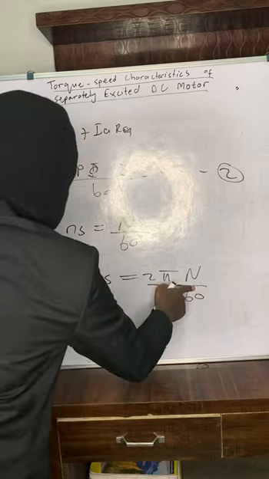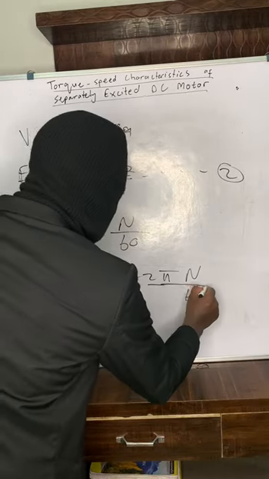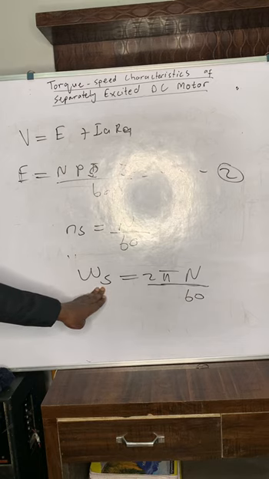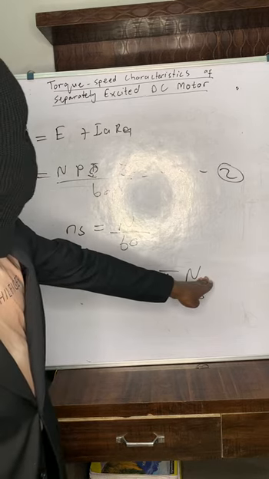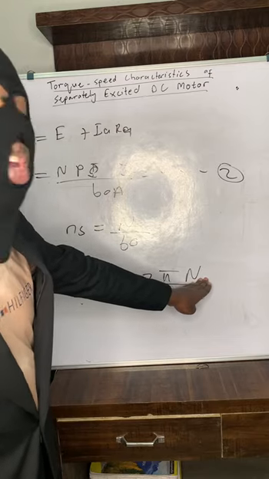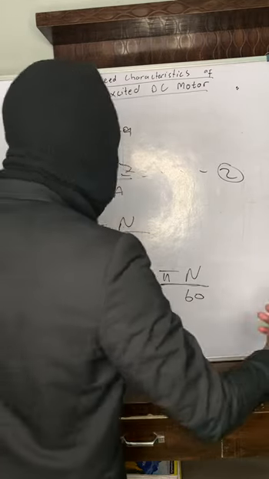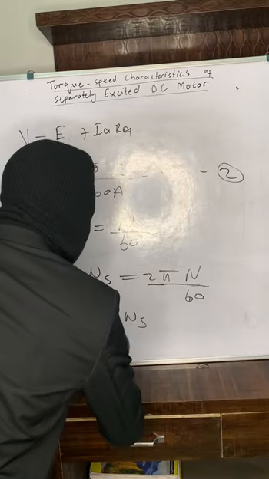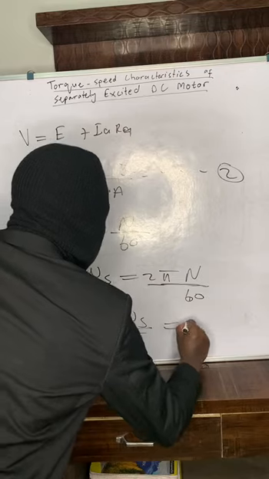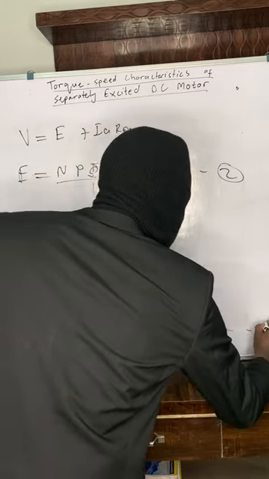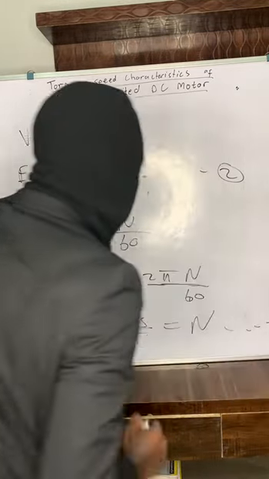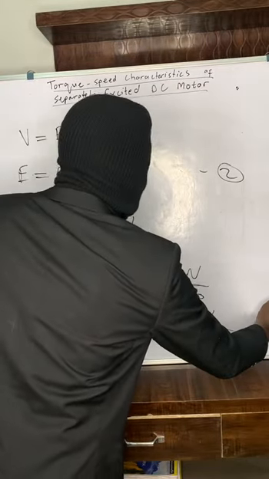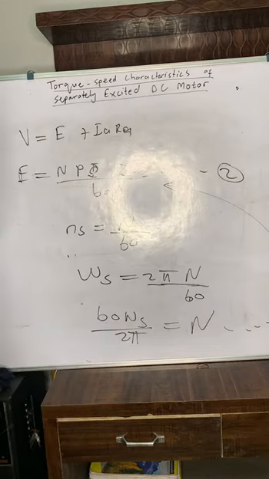This will be our new equation. Now this is the omega S, the speed in radians. So we are going to make the speed in revolutions per minute the subject of the formula. We just say 60 omega S over 2 pi is equal to N. This is our equation 3. And we are going to put equation 3 into equation 2.